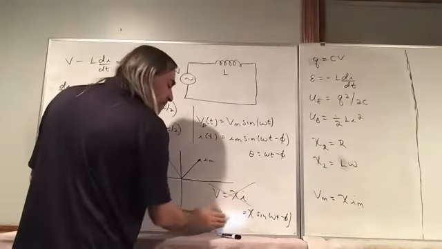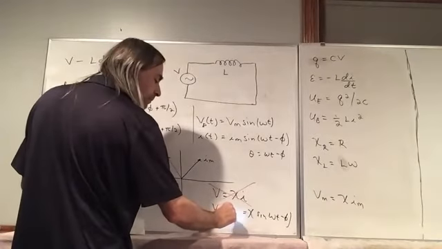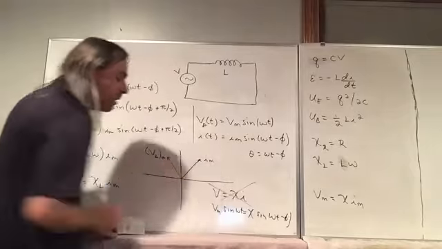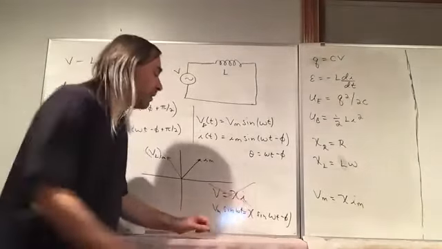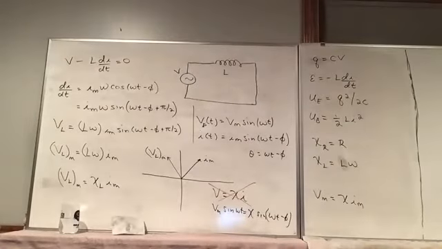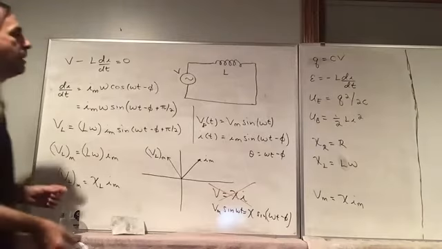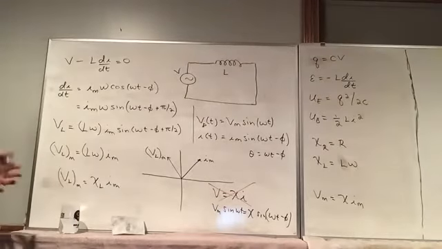Sorry, the power supply doesn't have that phase shift, but the current does. And so this kind of Ohm's law, this simple relation between the voltage of the power supply and the current, doesn't exactly work when you have an inductor.